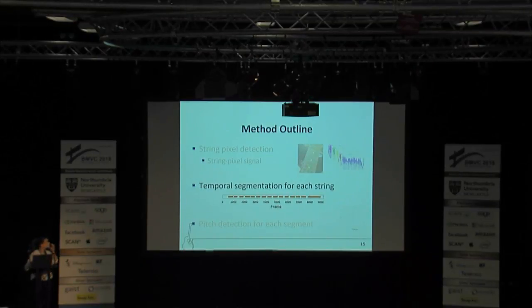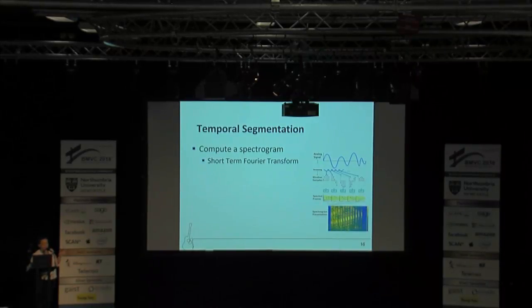So now we have multiple signals for each string, and now we go about analyzing them. For both next steps we will do some kind of majority voting to say what the temporal segmentation and the pitch detection are. So first, we do the temporal segmentation. The thing we want to know here is to find a temporal window where a single note is being played.